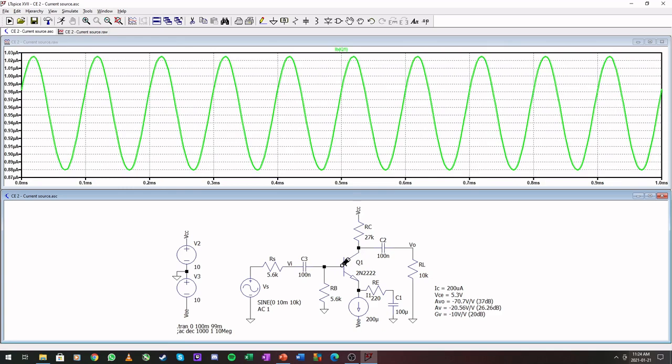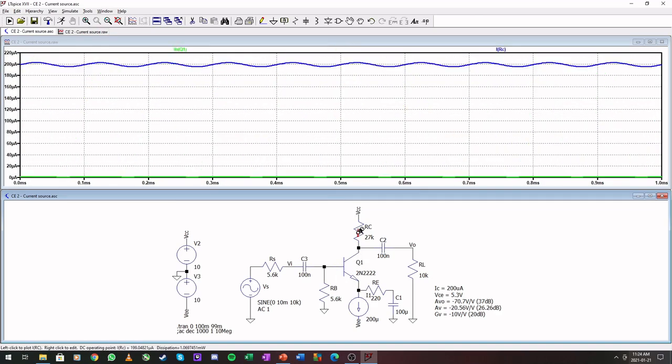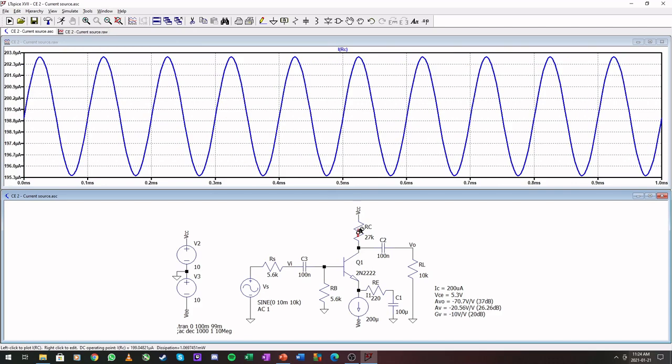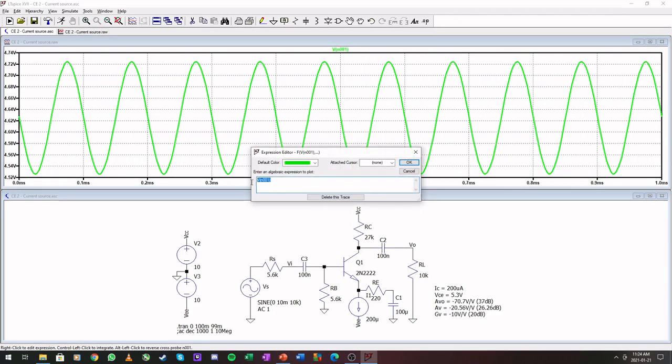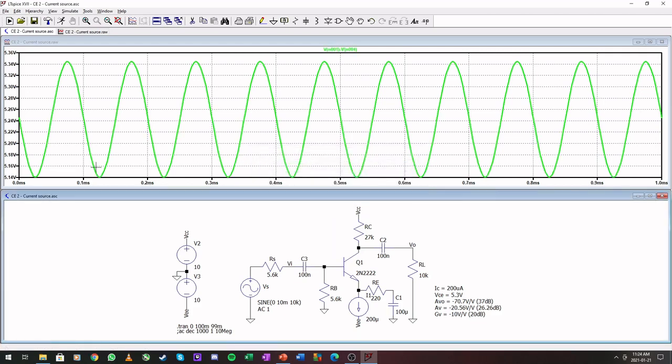So there is almost 1 microampere flowing into the base that is required. So not much of a difference. Let's quickly check this out. And 5.3, close to 5.3.